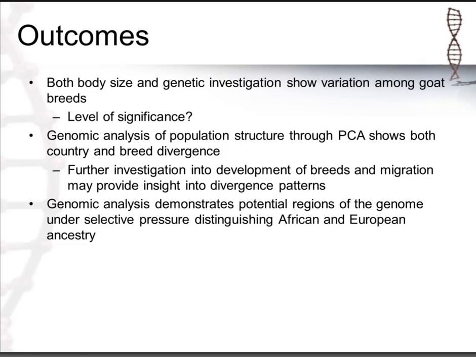Do you want to look at conserving this breed or moving forward on breed improvement, whether it's for body size or reproduction or milk production? Which ones are very unique versus very related breeds? It's helping the locals decide and prioritize how they want to move forward with breeding programs.